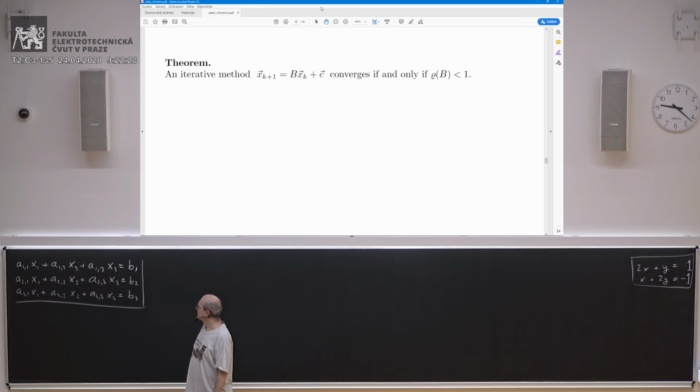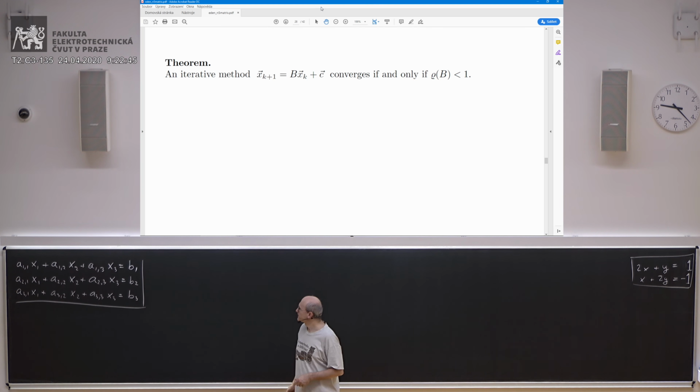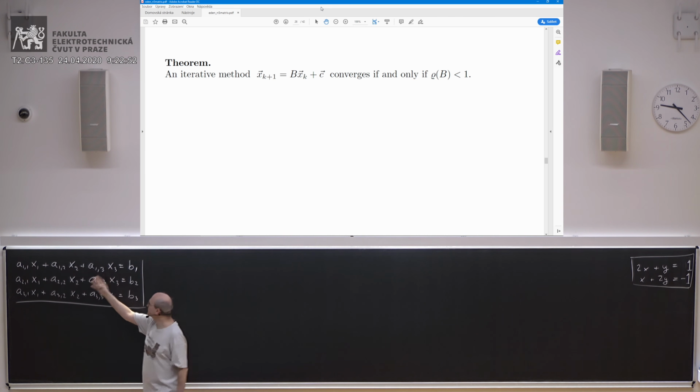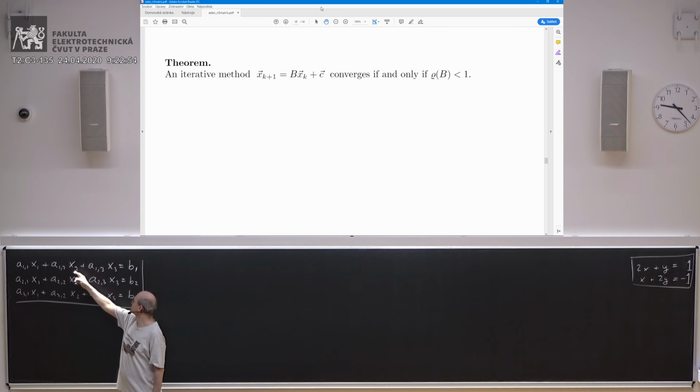Here we go. We have a 3x3 system here, and we would like to rewrite it in such a way that we get equations with x1, x2, x3 on one side. I can then see it as an equation for a new vector, and some formulas with x1, x2, and x3 on the other side. If we approach it equation by equation, then the natural thing is to simply take the first equation and isolate one of the unknowns.